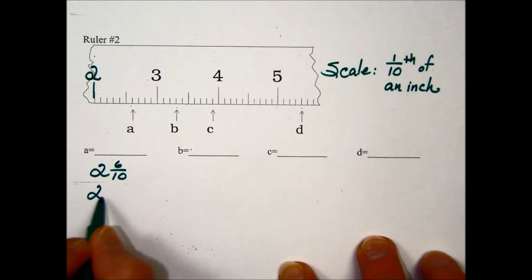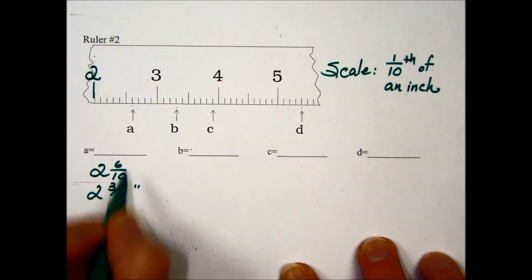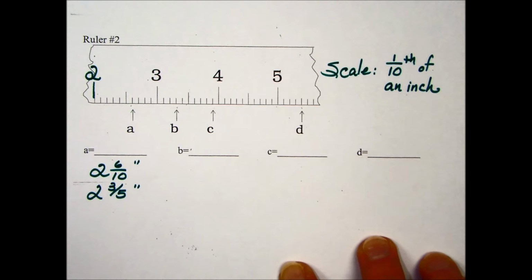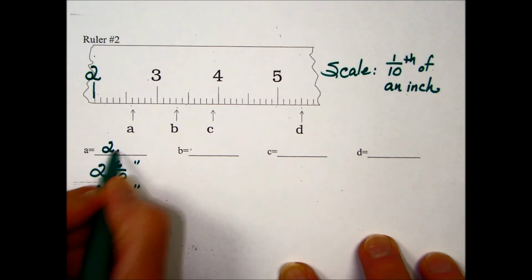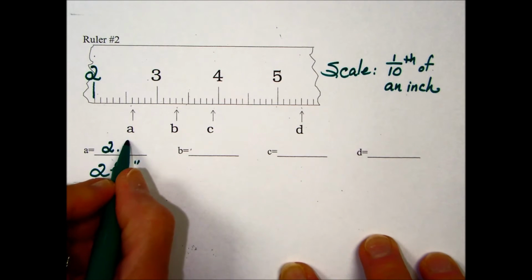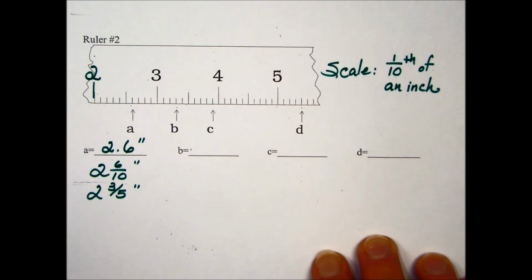Reducing that fraction, dividing top and bottom of our fraction by 2, we could call this 2 3/5, and these are in inches, or convert this into the equivalent decimal, which would be the advantage of measuring by tenths of an inch. Much easier to calculate with this location in its equivalent decimal form of 2.6.